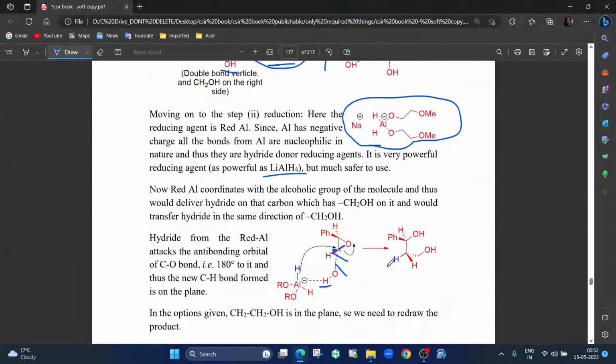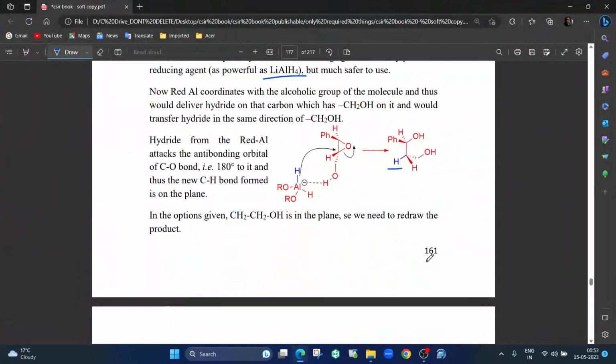This hydrogen is coming in the plane. I'll just rub and show it more clearly. Okay, so it is attacking in the plane, and what happens, this H goes top, this oxygen also, this carbon also goes top, and you're getting this product.